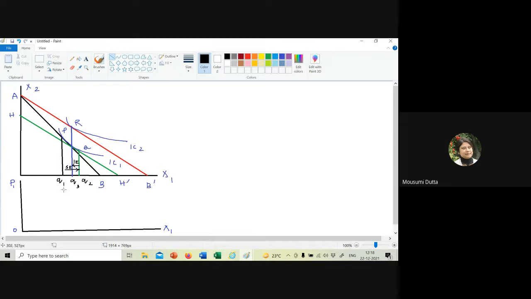So let's drop the quantities. This is the first quantity. Let's consider a first level price. I am considering this price as P11 and this is Q1.